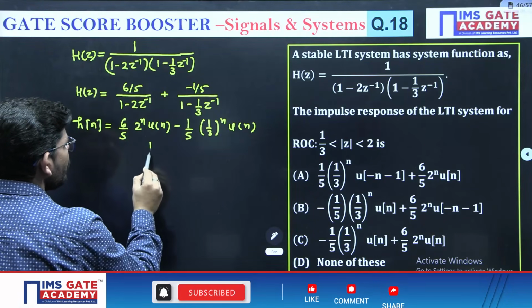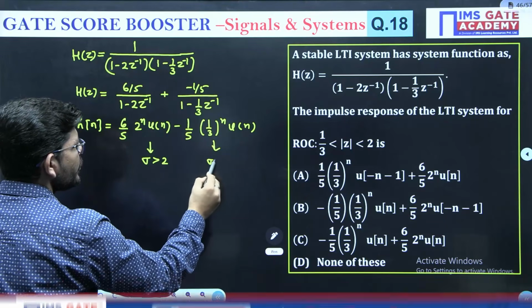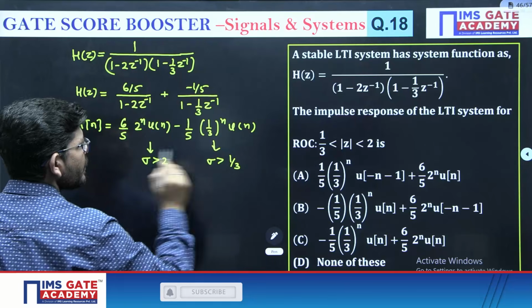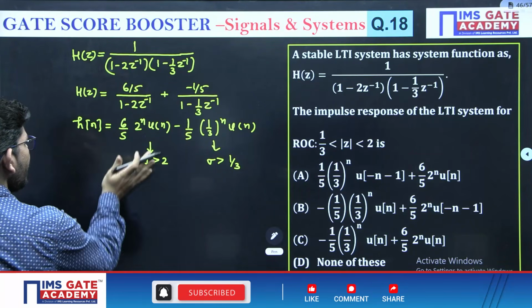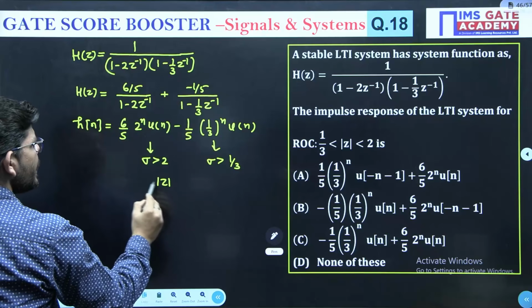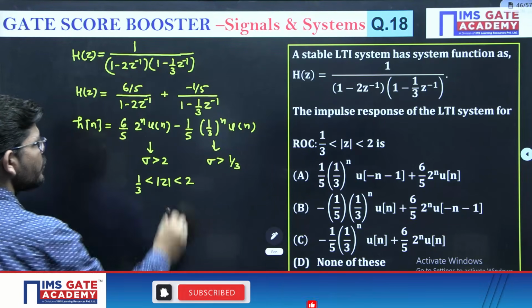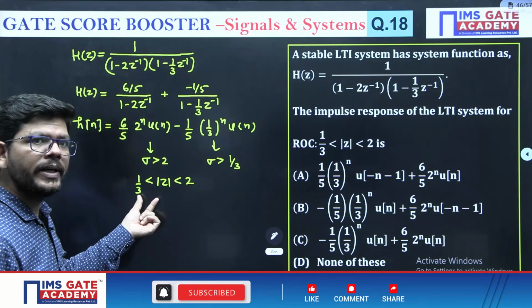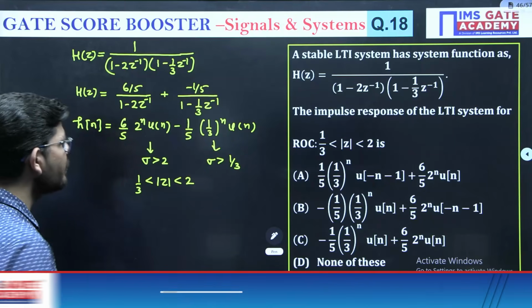If you see here, what is going to be the ROC? Sigma greater than 2. From here, the ROC is going to be sigma greater than 1 by 3. But we have to write the result for an ROC 1 by 3 less than |z| less than 2. We want to write it for |z| greater than 1 by 3, and this is a perfect match. This is also given for greater than 1 by 3.